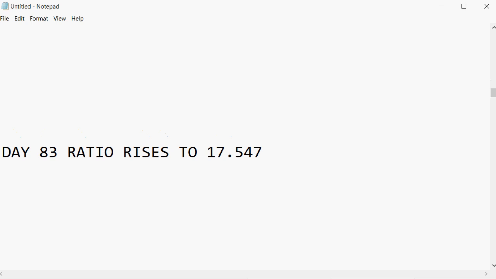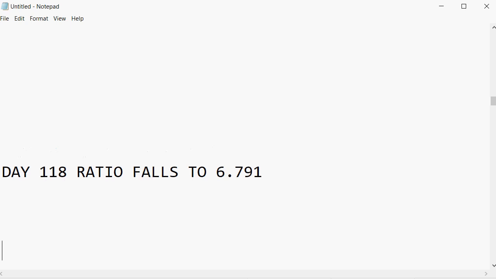Day 83, it rises to almost 17.5. Day 118, it falls to 6.791. Day 122, it falls to a little over 3 1/3, 3.345.